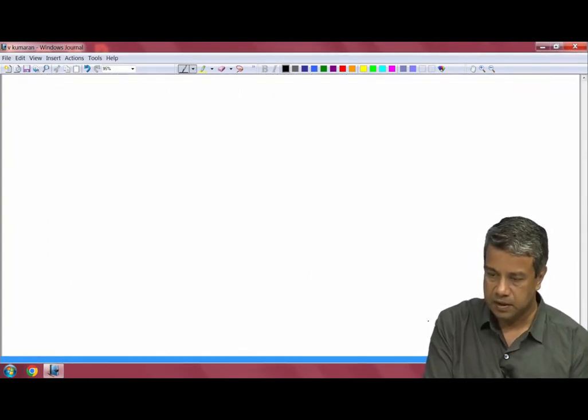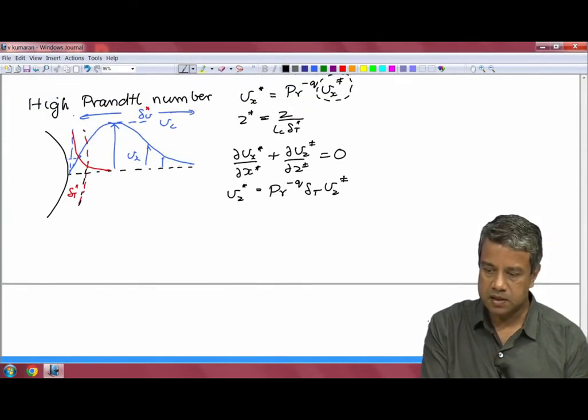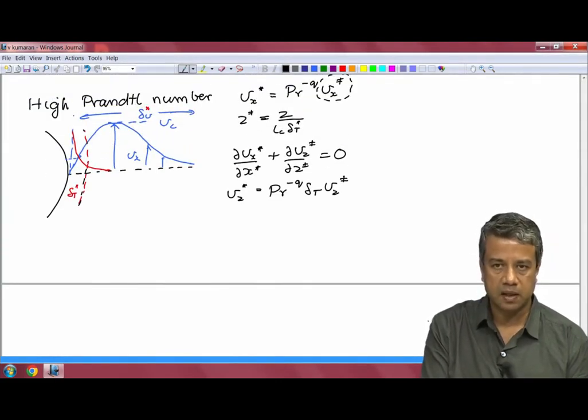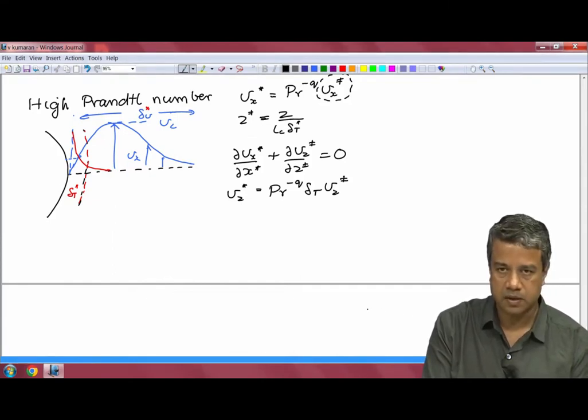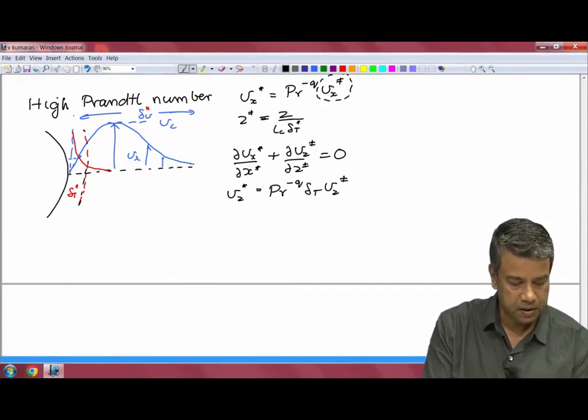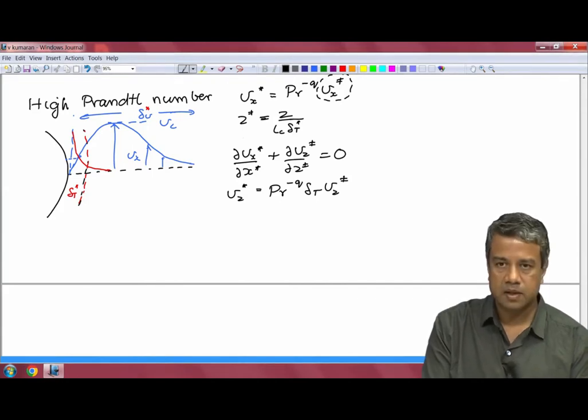And let us substitute these into the momentum and energy equations. The energy equation first.